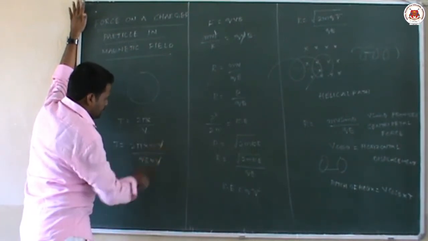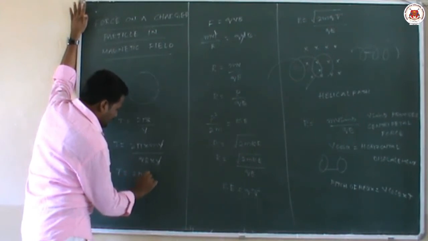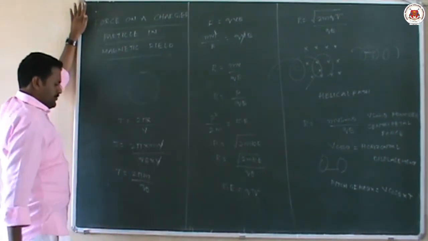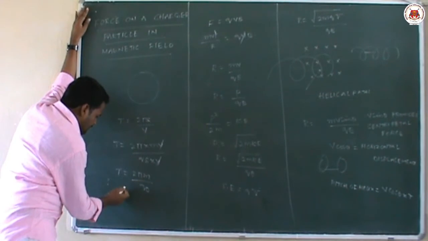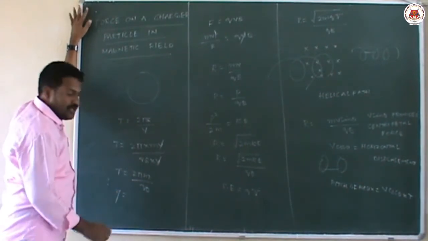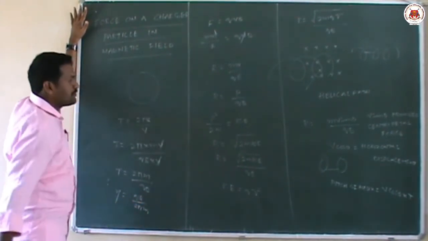V will get cancelled and time period is equal to 2 pi m by qB. This is time taken. If you want frequency, n or f, frequency is equal to 1 by time period, that is qB by 2 pi m.